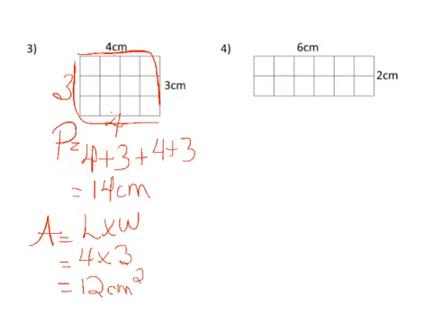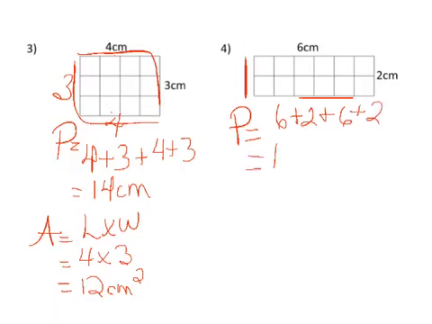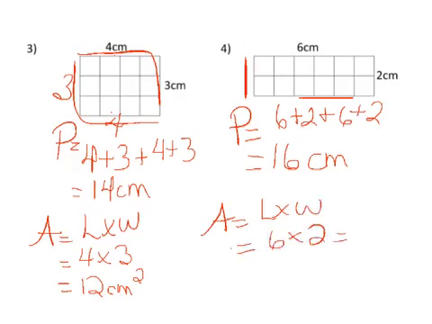Our second rectangle, our perimeter, again adding the outside edges, 6 for our first edge, plus 2, plus again 6, plus again the other 2. 6 plus 2 is 8, 8 plus 8 is 16. So it's 16 centimeters. For our area, again, it is length times width, 6 times 2, which is 12 centimeters squared.